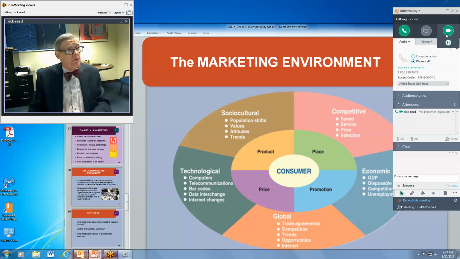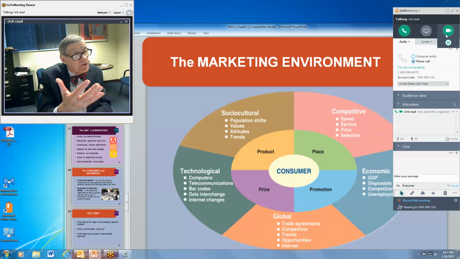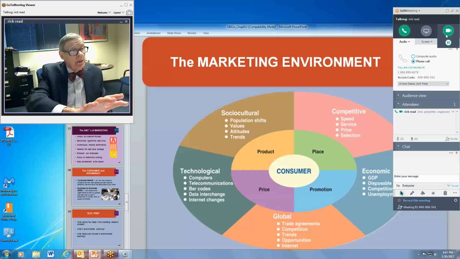I'm not going to go over each of those because you can read those for yourselves, and it's all understandable. There's nothing magic here. What this is telling us is this is the environment, and we need to understand it. We marketers need to understand that environment and those phases, if you will, if we intend to be successful.